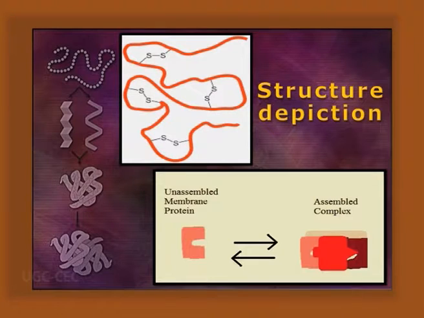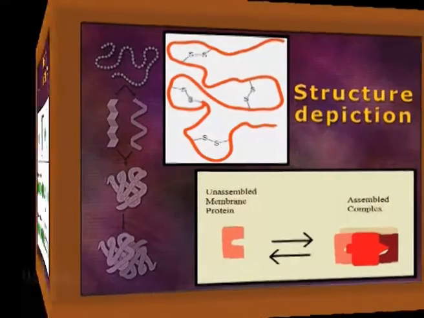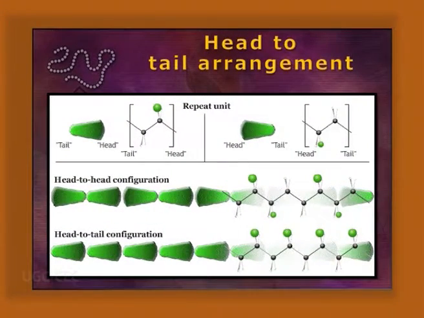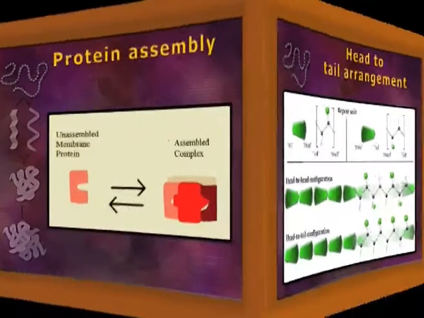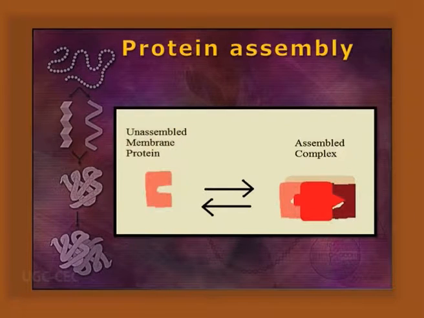In structure depiction, as we know, the extracellular proteins are fibrous, collagen-like. Disulfide linkages are present, as well as a head-to-head or head-to-tail arrangement. Head-to-tail arrangement is present in neuraminidase. Proteins can be assembled and disassembled.